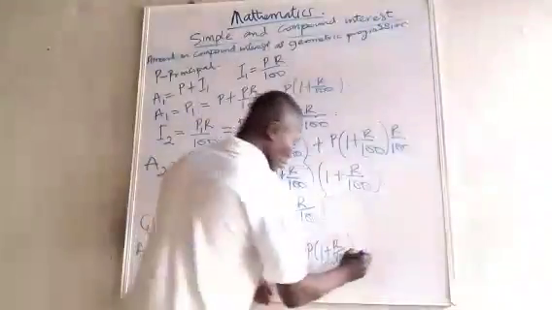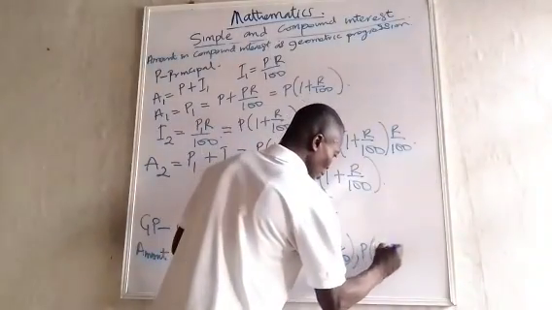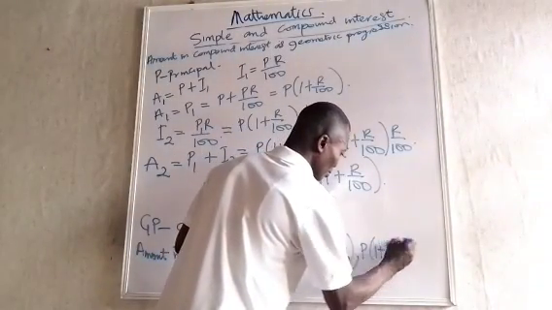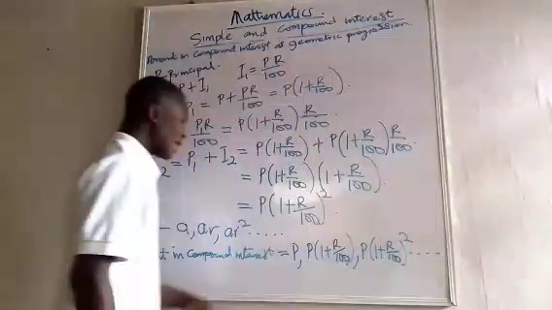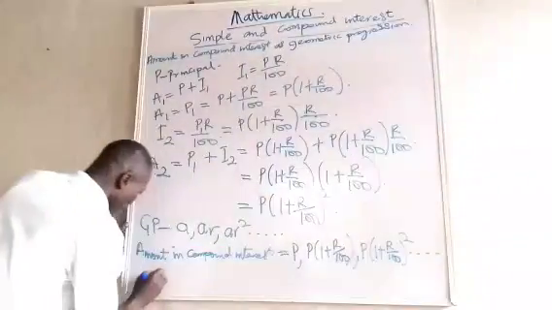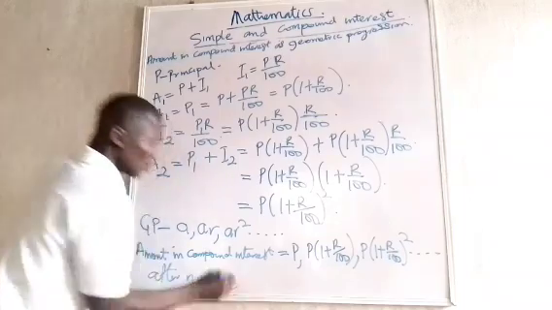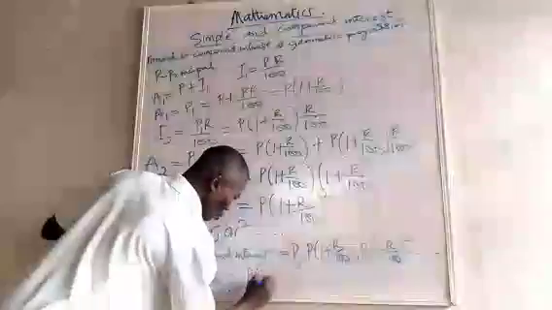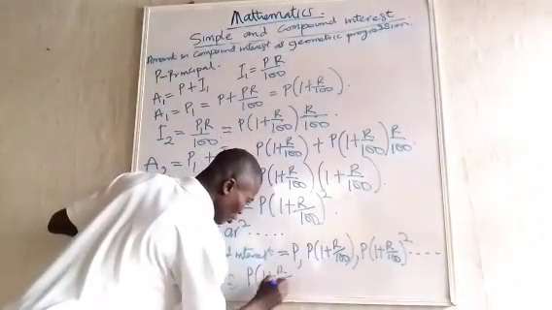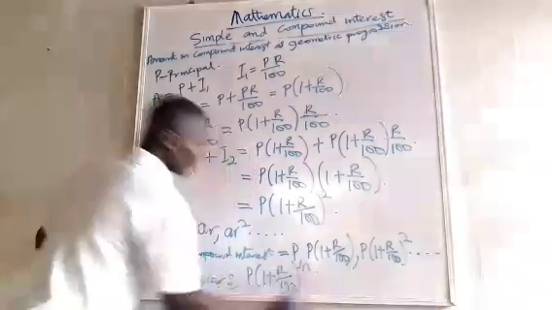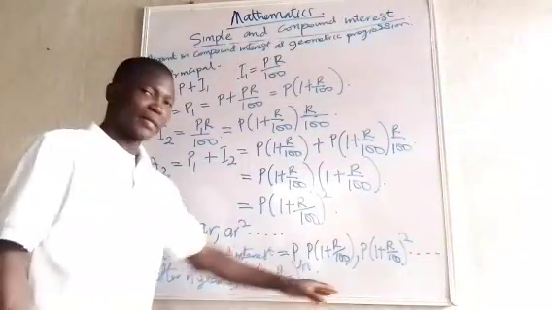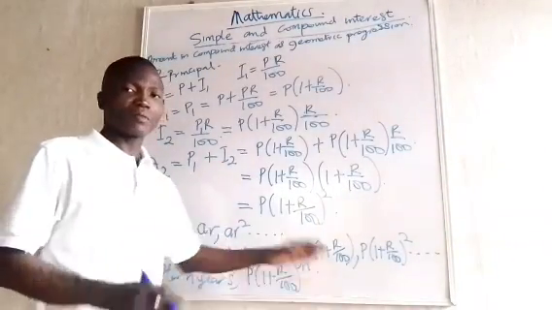After this one, we are going to have P into 1 plus R over 100 squared. So after n years, we are going to have P into 1 plus R over 100 raised to power n. So you can see, with this, it makes our job very easy.